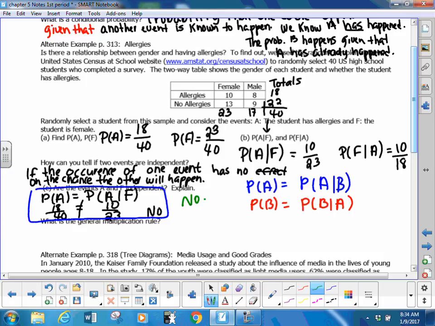Now, what is the general multiplication rule? Well, that's the one we put on our paper that's kind of on your reference sheet. Remember, we're thinking "and" here, and to multiply is the probability of A times the probability of B given that A has already happened.